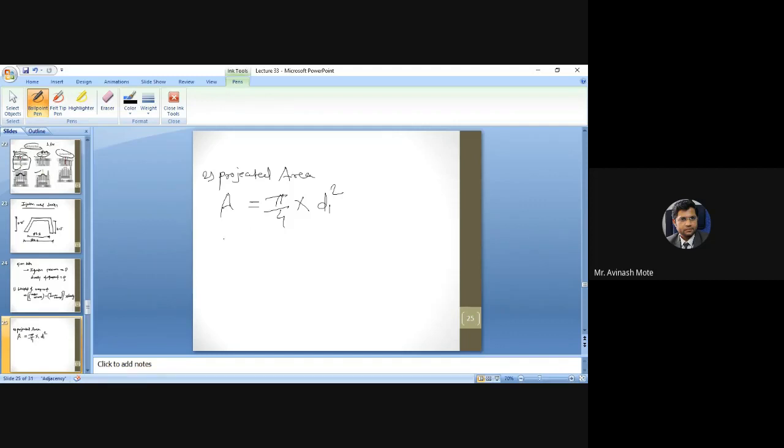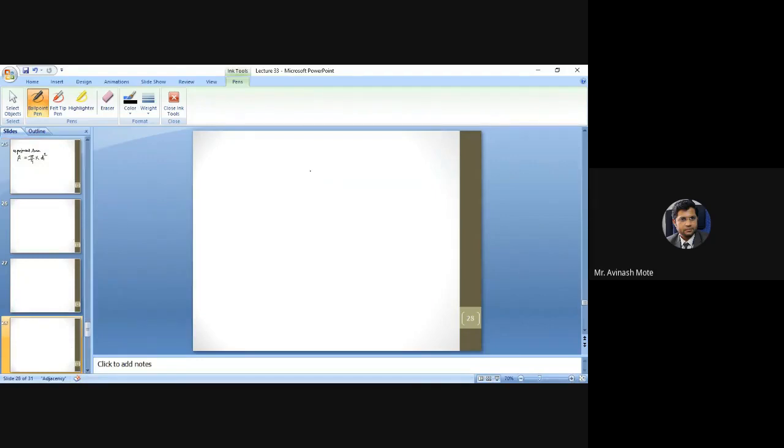In case of injection molding, we'll discuss it in a separate slide. In case of compression molding, I will compare and then tell you. In compression molding, mostly we go for single component manufacturing.